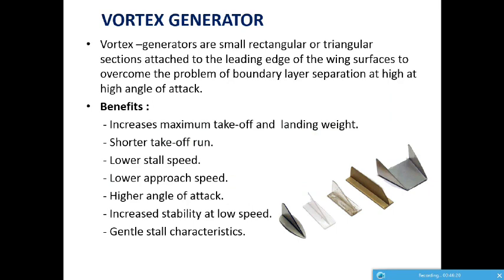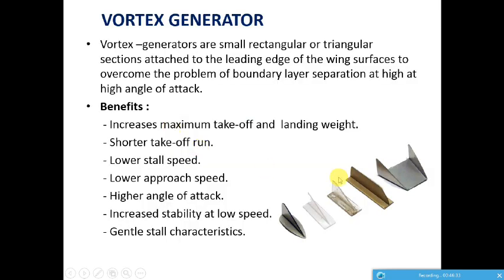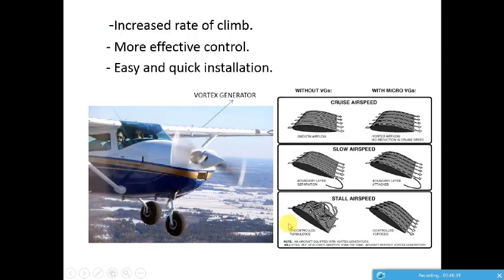Vortex generators. So this is a Cessna aircraft with vortex generators. I don't know if you can see it clearly. These are some of the shapes of the vortex generators. You will have these shapes attached a little beyond the leading edge of the wing.